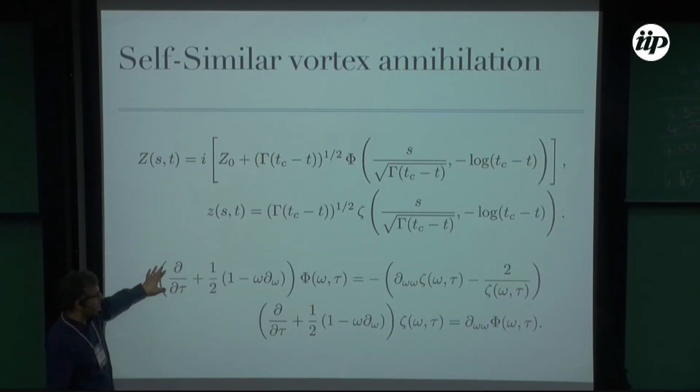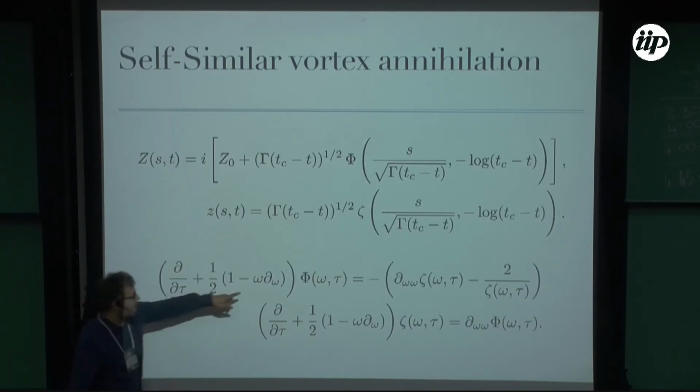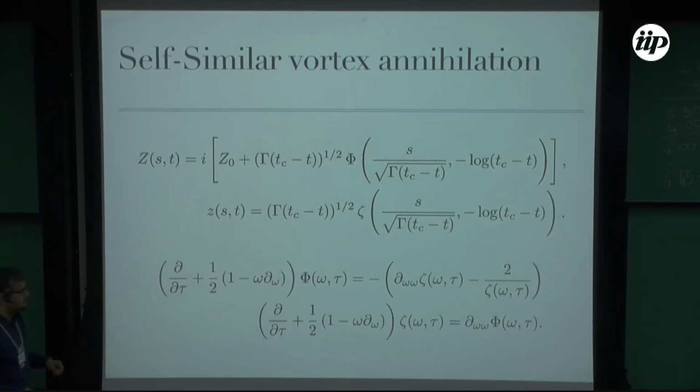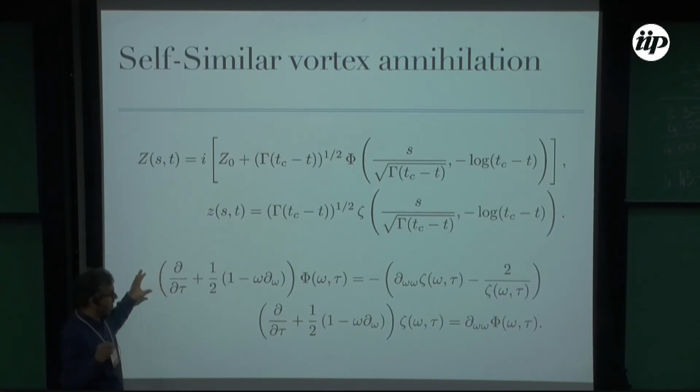we don't win too much, I must say, because you still obtain a partial differential equation for phi, capital phi, and the Greek zeta, in terms of a variable omega, which is this number. I'm going a little bit fast. Usually this is viewed as a dynamical system, and the dynamical system brings you to a fixed point.